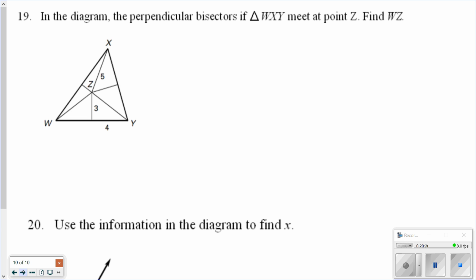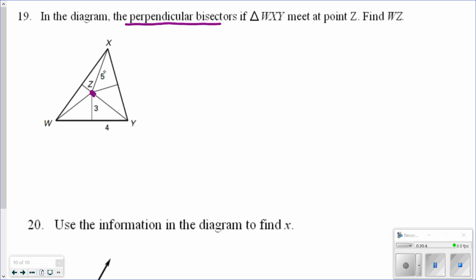In the diagram, the perpendicular bisectors of triangle WXY meet at point Z. Find WZ. All right, so if this is the intersection of our perpendicular bisectors, we know that that is the circumcenter.